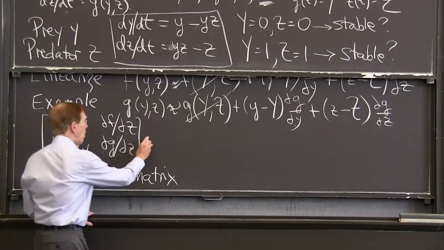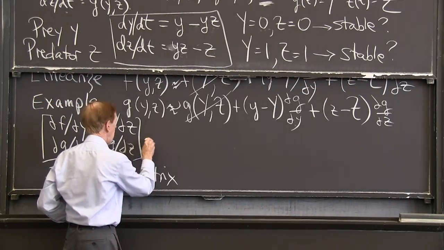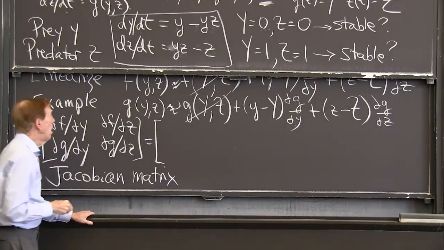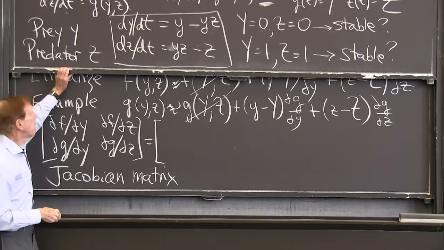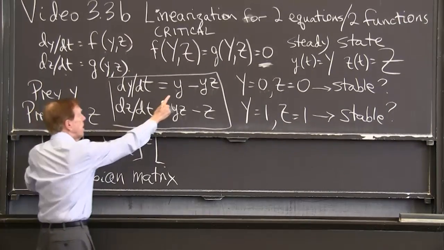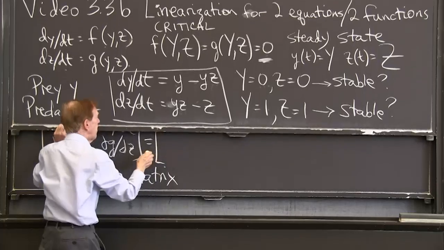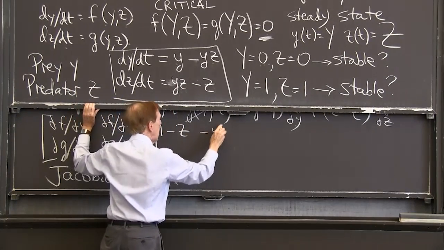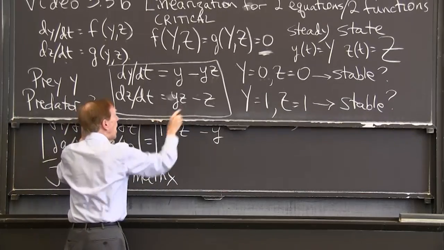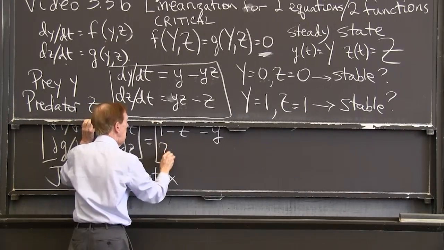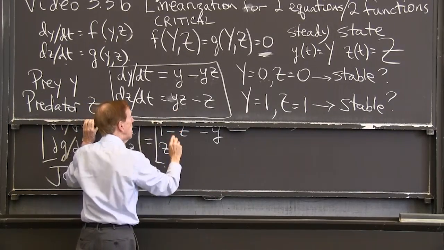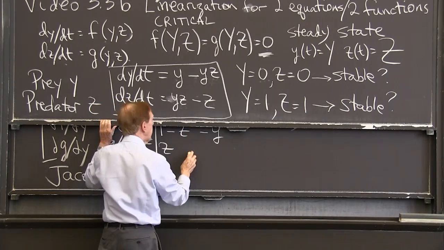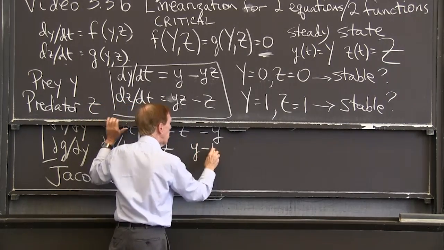And what are those derivatives? Remember again what the functions are. There's my function, so the y derivative is 1 minus z, and the z derivative is minus y. The y derivative is z, right? And the z derivative is y minus 1.